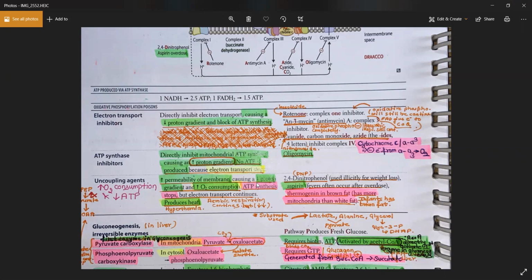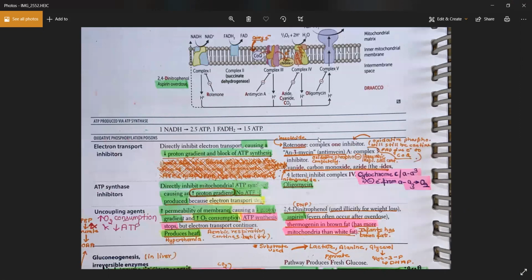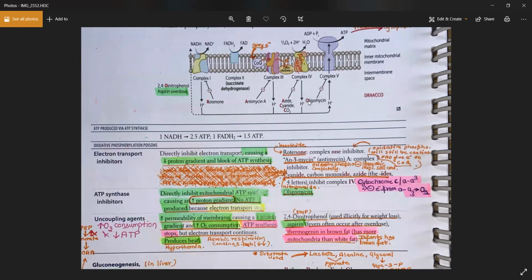And you should also remember about these drugs, the cyanide and the carbon monoxide, they inhibit the transfer of electrons from cytochrome C to cytochrome AA3. This is the complex 4, the cytochrome C AA3 complex.